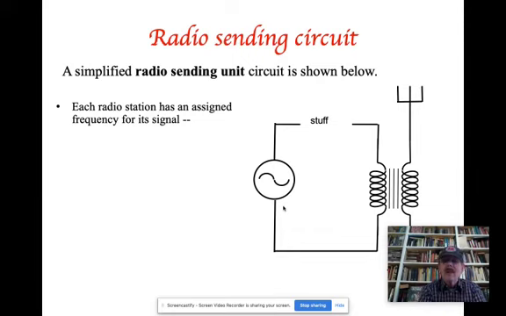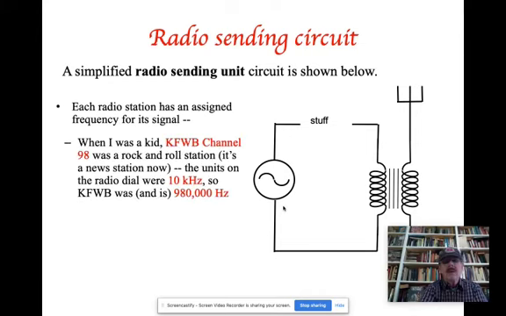That's KFWB's single frequency, plus a little slop on either side, given to them by the FCC. And in fact, that's what the call numbers tell you: the frequency they're transmitting on.